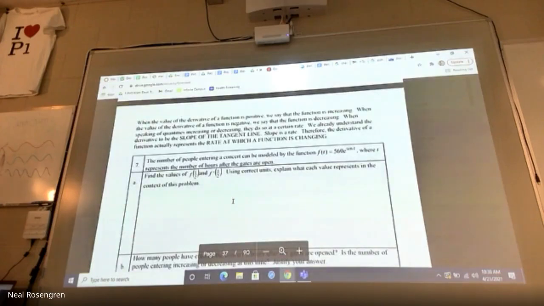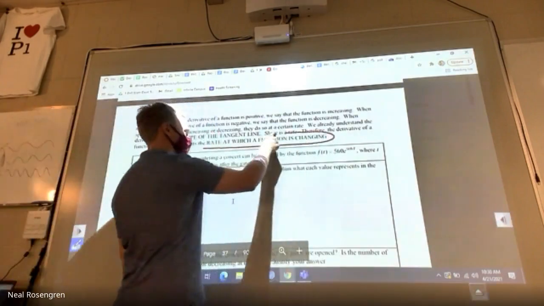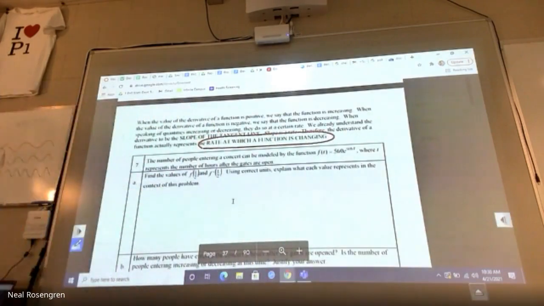And then what I mentioned yesterday, I keep trying to mention as often as we can, 217 starts to talk about the derivative being more related to rates of change than slopes of tangent lines. Okay? Number of people entering a concert can be modeled by this function.